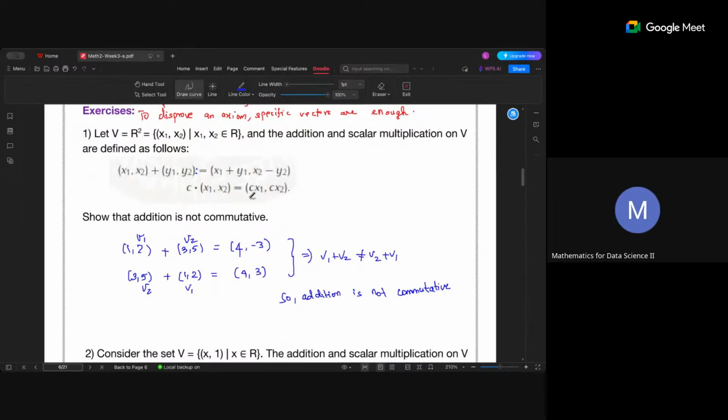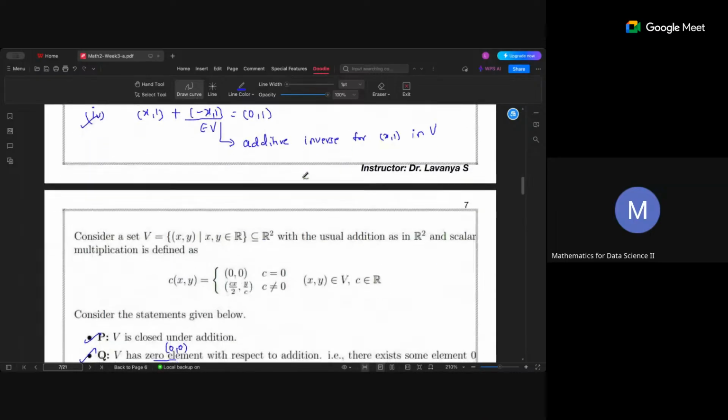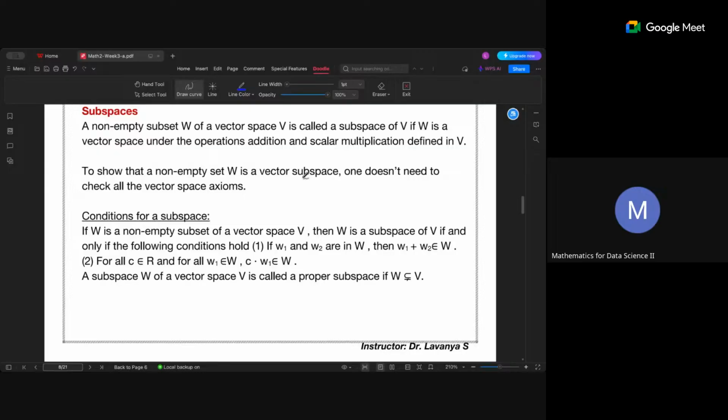So if you want to consider a subspace, then for that set also you should consider the same operation. You cannot consider some different operation. That is what they are saying here. So we should consider the operations addition and scalar multiplication defined in V. You cannot take different operations for V and W. The same kind of operations only should be there for W and V. So for a subspace, you don't have to check all the axioms of a vector space.